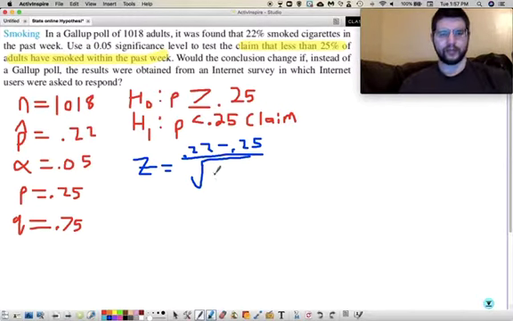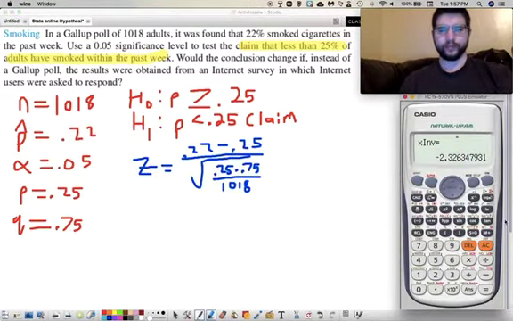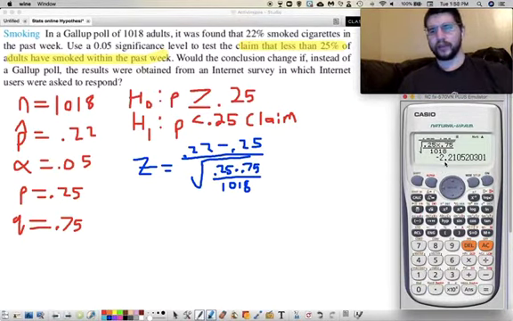P, I'm going to go ahead and use it, times Q over N. Type it in, see what we get. So we've got 0.22 minus 0.25 over square root of 0.25 times 0.75 over 1,018. Test statistic of negative 2.2105.